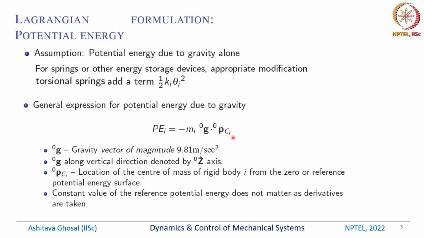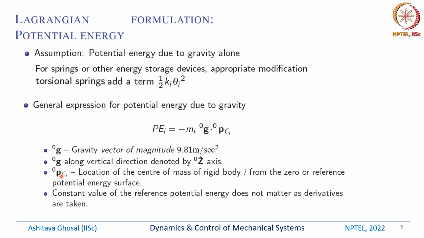So P_ci locates the CG of link i, M_i is the mass of link i, and then this gravity vector dotted with this will give you the potential energy. Minus is because the gravity is normally acting in the downward direction. Okay, so gravity is along the vertical direction, which is the z-axis, but the gravity is in the opposite direction. The magnitude of this gravity vector is 9.81 meters per second squared.